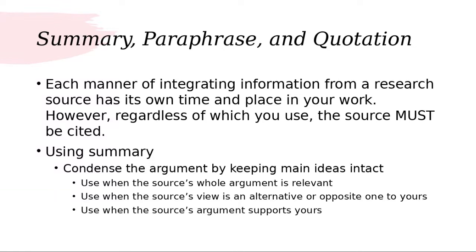When do you use this? Use this when the source's whole argument is relevant, when the source's view is an alternative or opposite one to yours, or when the source's argument supports yours. Summary is primarily used as a means of getting to the meat of somebody's argument, to understand what the underlying argument is underneath all of the details that are presented around it.